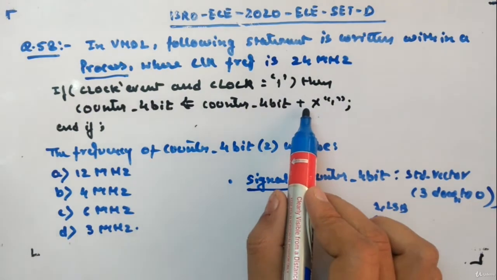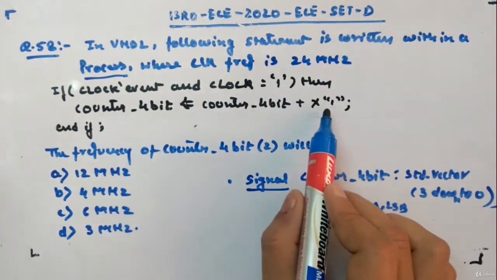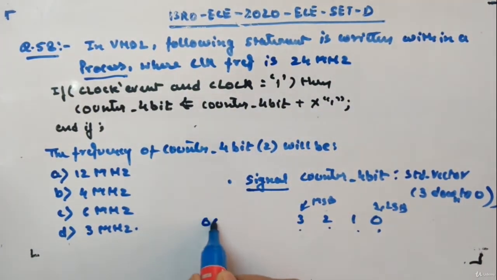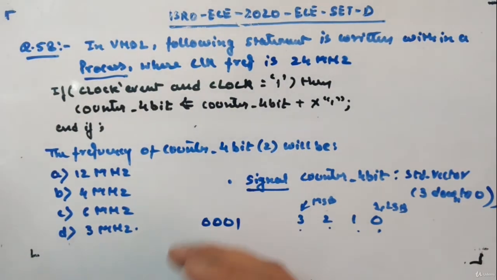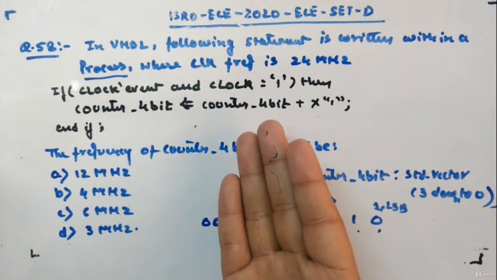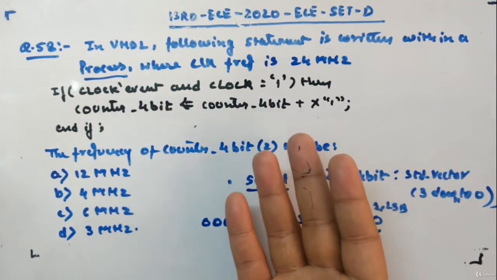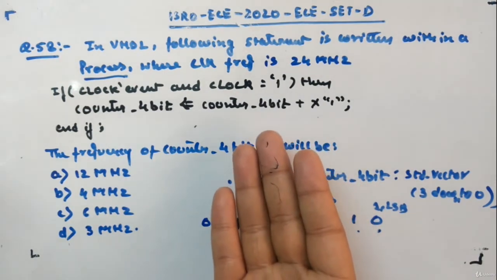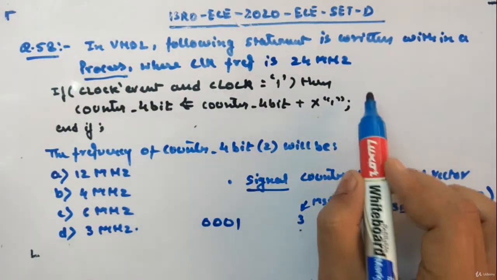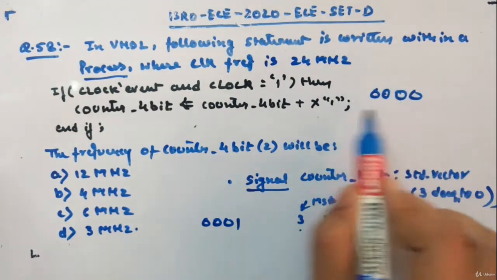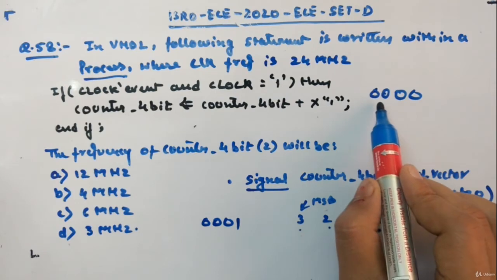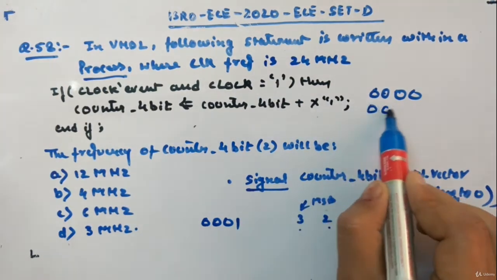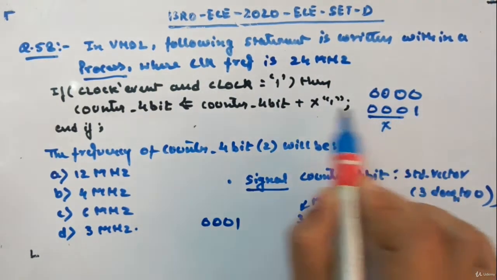Now this is added with x"1", appended with 1, so we take 0001. Now it will become a 4-bit counter which will start from 0000 to 1111. It is not necessary that it starts from 0000, it can start from anywhere, but in the general case we assume 0000 is the value of counter_4bit, and we are adding 1.